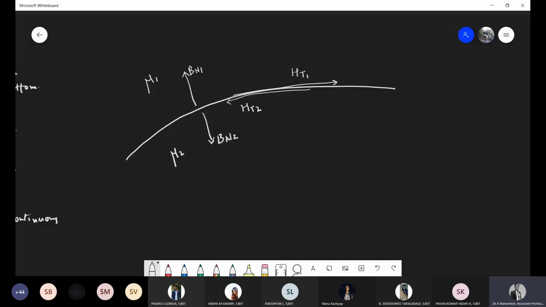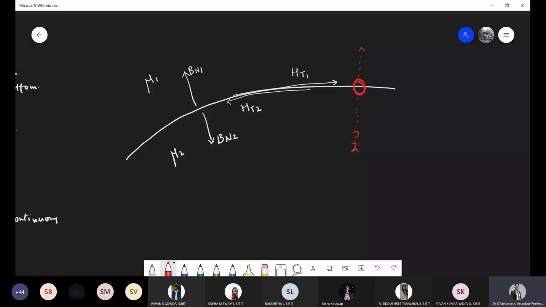So there are two cases where I've assumed one, if I'm traveling here from one medium and passing across another medium through a boundary, what happens here at this point?